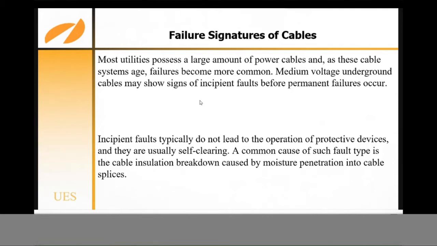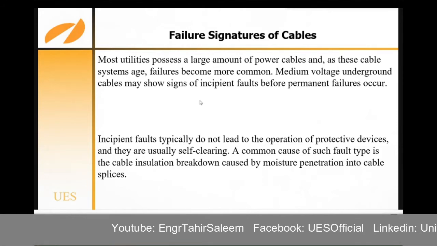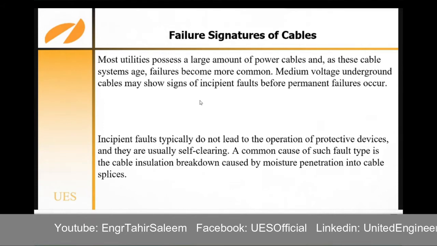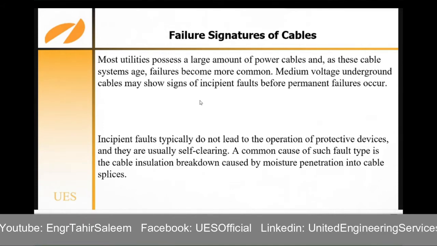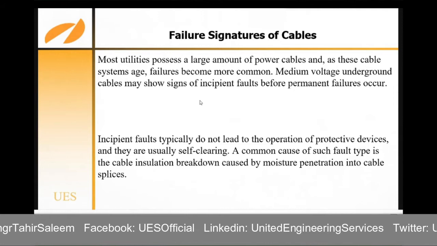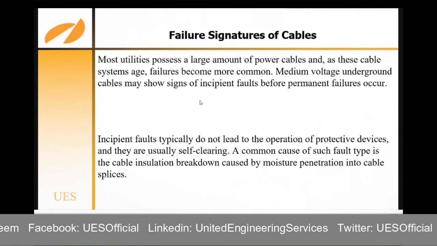Starting from the cables, we know that cables are not only very important, but an essential part of the power system, because they give you a path for the flow of electricity from the generation to the load.